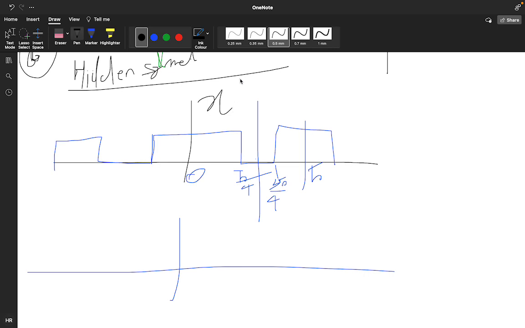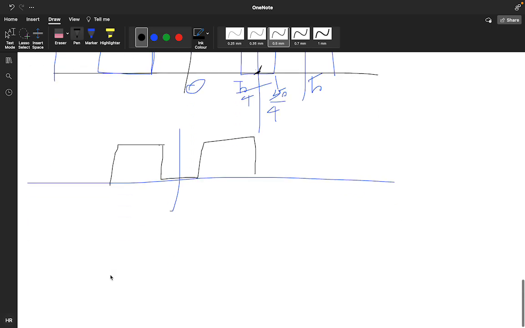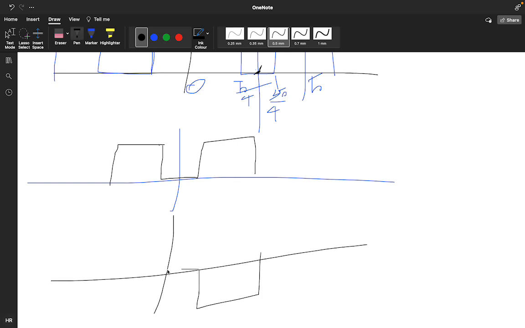You are taking this as x of t, so 0 to T naught by 4, this particular midpoint is T naught by 2. When you do the shifting and reversing, 0 is shifting here, and when you do the reversing process, your signal will be like this.